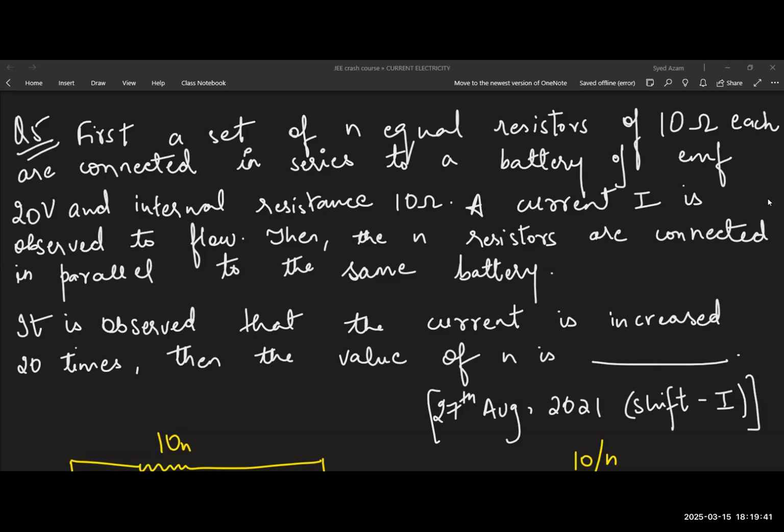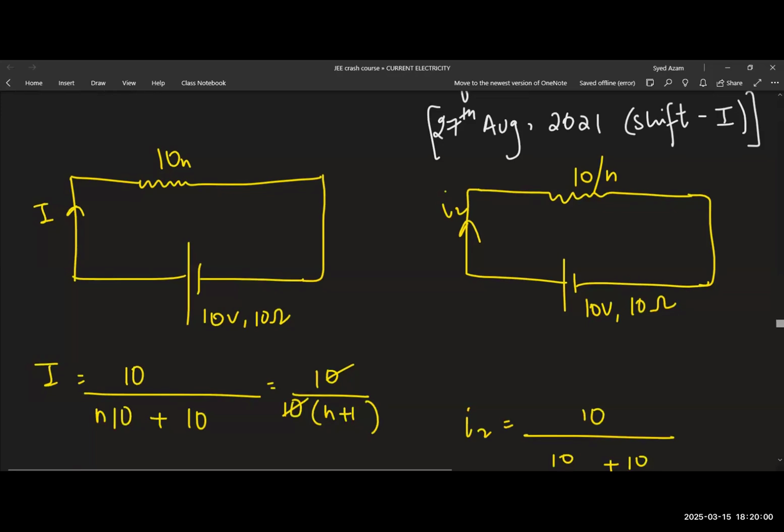We have to change our answer. Just wait, let me still confirm with this. Yeah, this is 20 volt only. We'll take it as 20 here. I took 10 here, na? That's it.